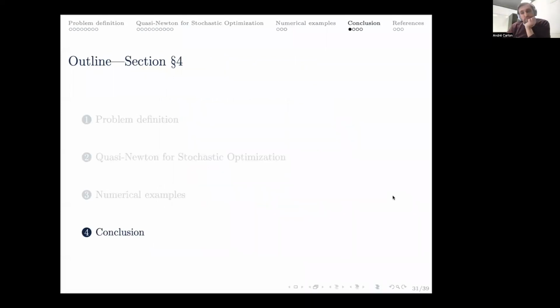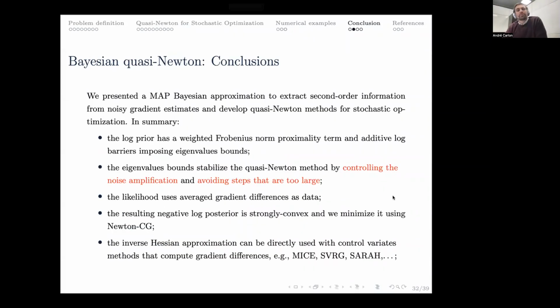Okay, so now let's conclude. What I showed to you is this Bayesian approximation to extract second-order information from noisy gradients to develop this quasi-Newton method for stochastic optimization. We have a prior distribution for our matrix based on the weighted Frobenius norm and log barriers to impose bounds on the eigenvalues.